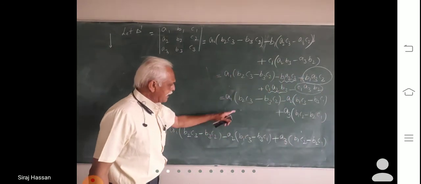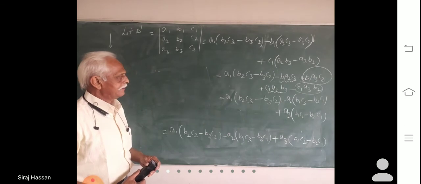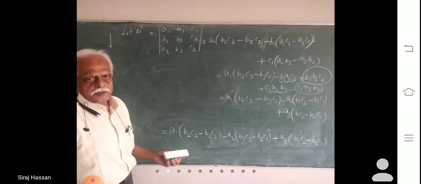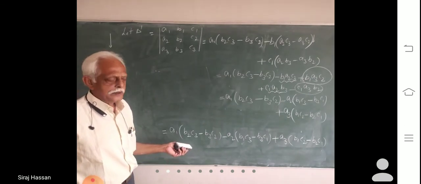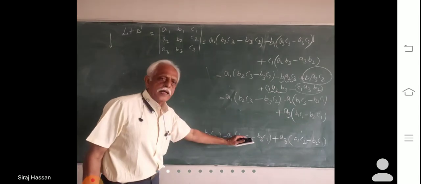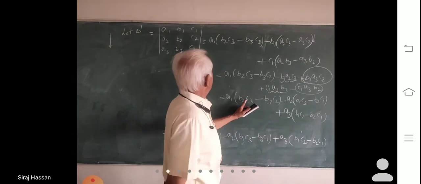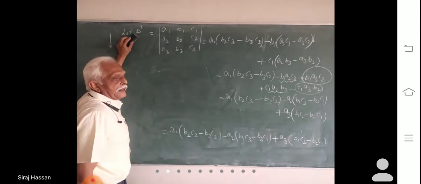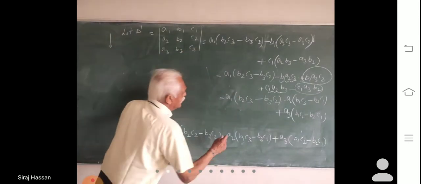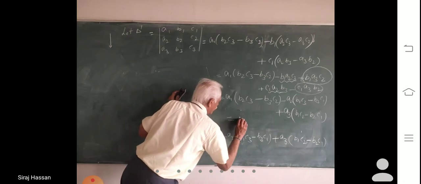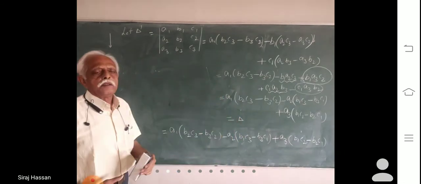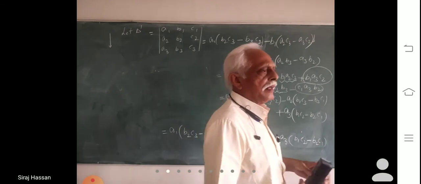Now observe this expression. Are they the same or not? So this is the value of delta. This is also what we are getting as delta, but this is taken as delta dash, meaning this is equal to delta. So what is the theorem?